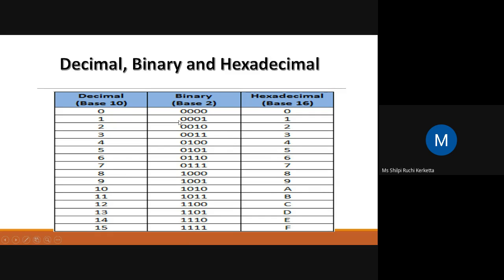If you see 10, it has a value of 0001 and continuing with that 0000. Okay, that's why after 9 we are using a, b, c, d, e, f. Any confusion? Is the doubt cleared why we are using A, B, C, D, E, F?